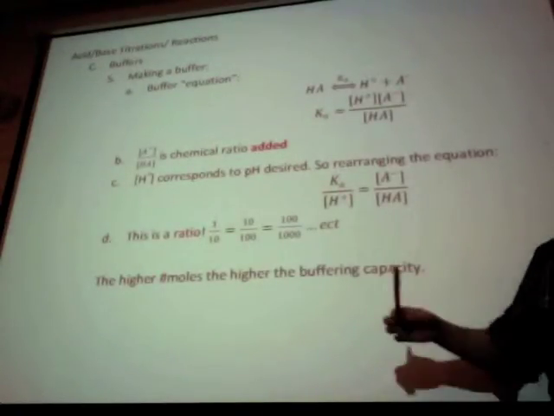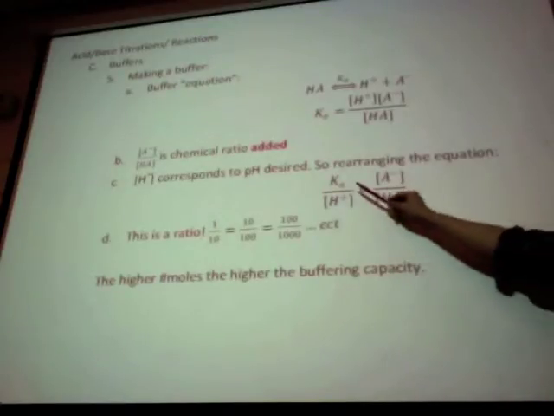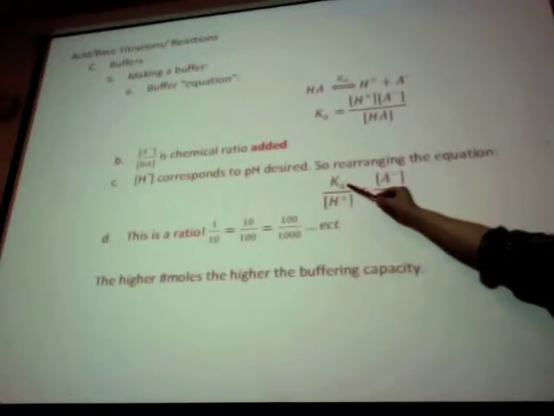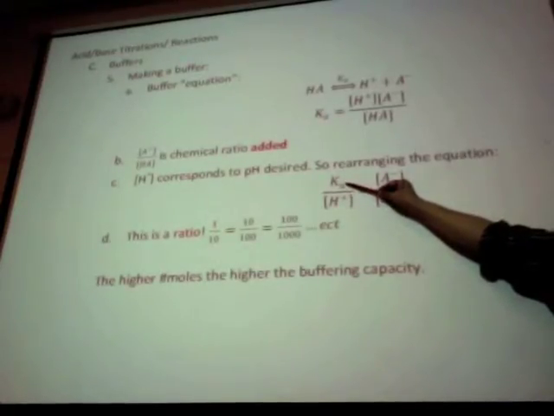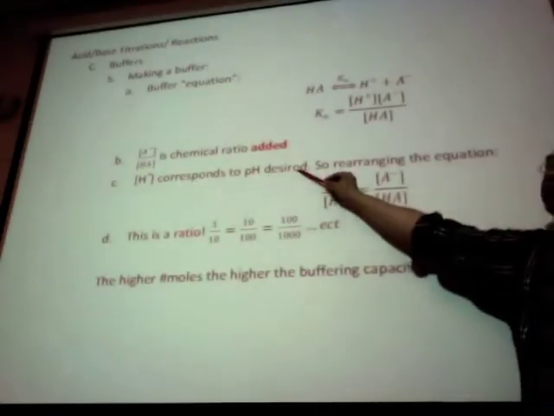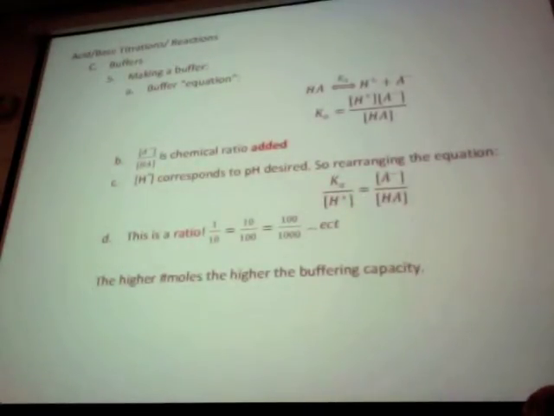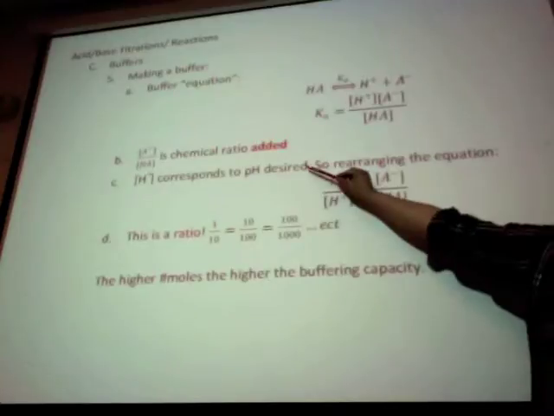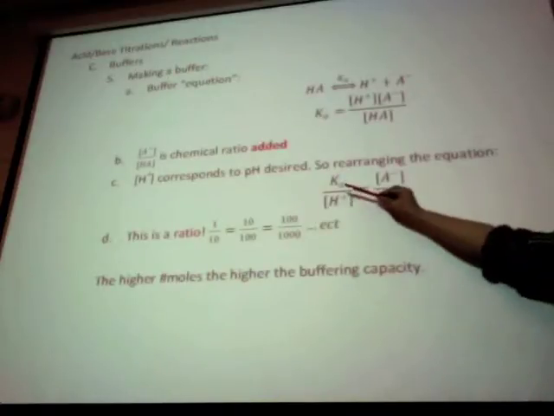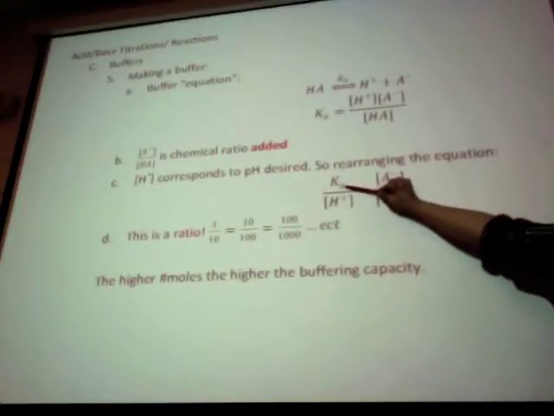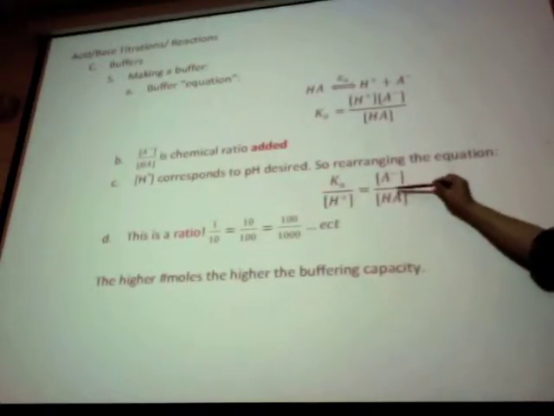So rearranging that, the Ka is a table value. You want to pick one acid that is nearest to your desired pH, the pK closest to your buffering pH. So you set it up like this: table value over that, and a ratio.